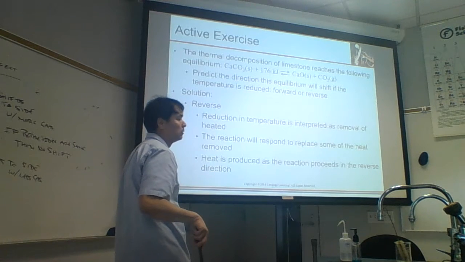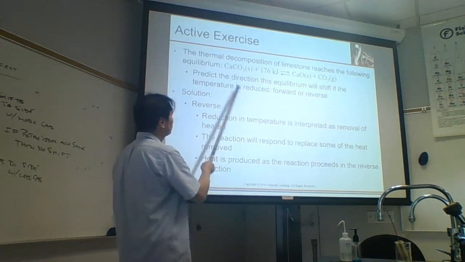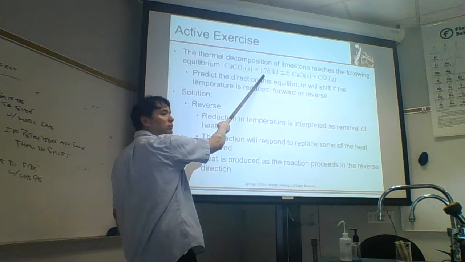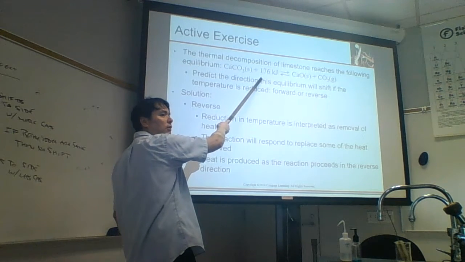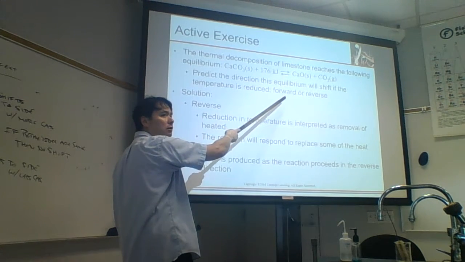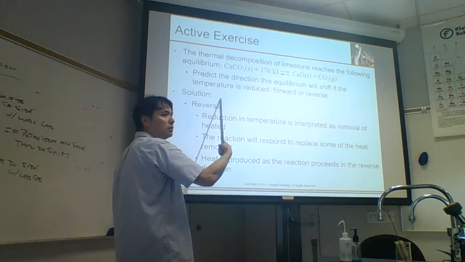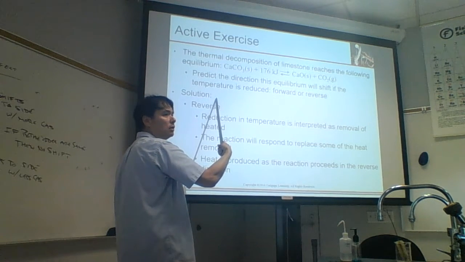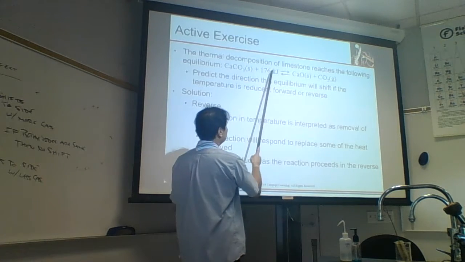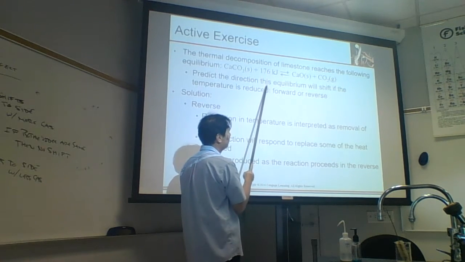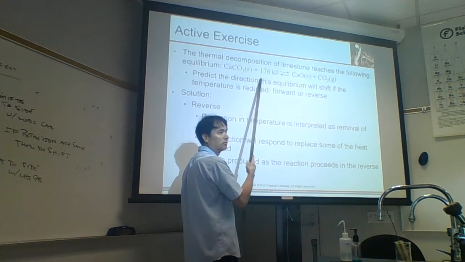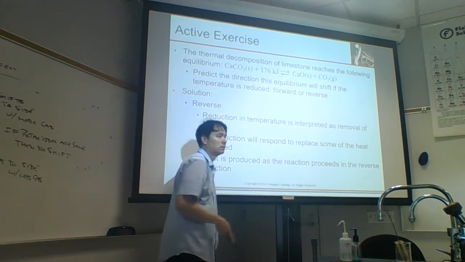Because the reaction's reverse, we're reducing, so we're removing heat. If we remove the heat, it's going to favor shifting to the left. Okay. So if we take away water here, it's going to shift this way. If we add water, it shifts that way.